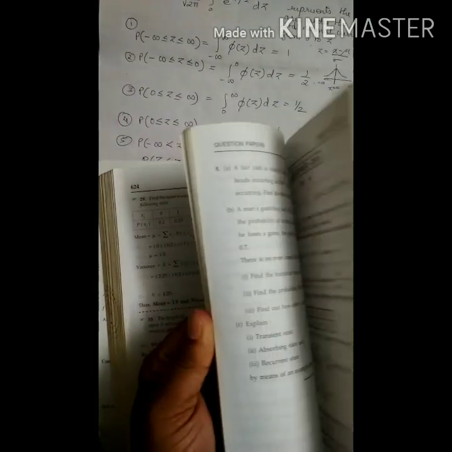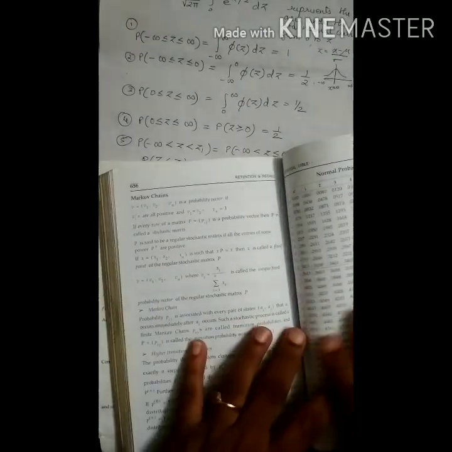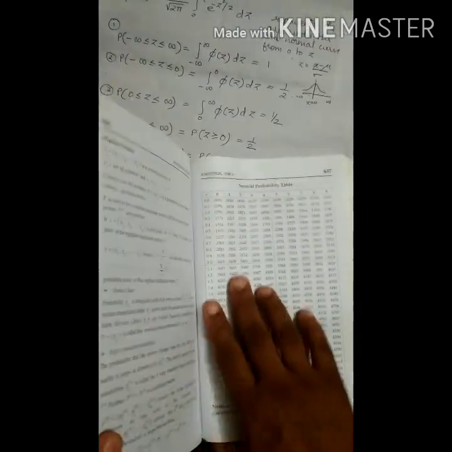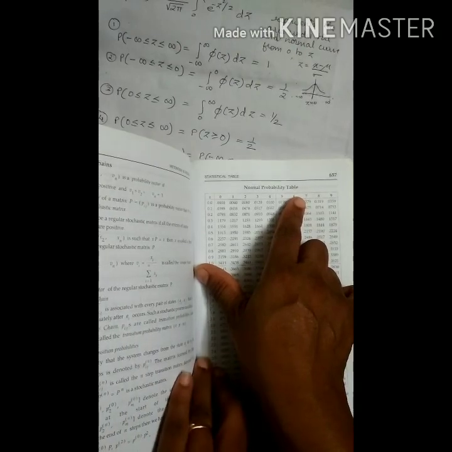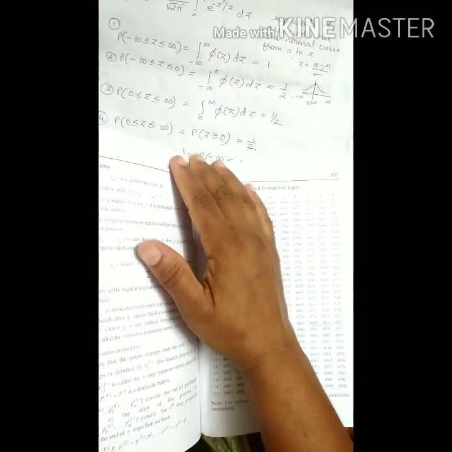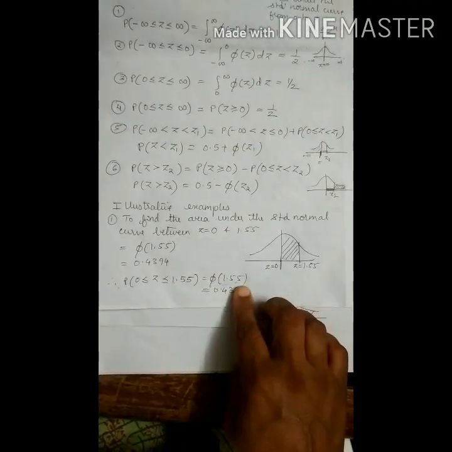So to find it, you have to take the table. One minute, I will show you. So this is the normal probability table. This table you have to go with. They are asking us to find phi of 1.55.